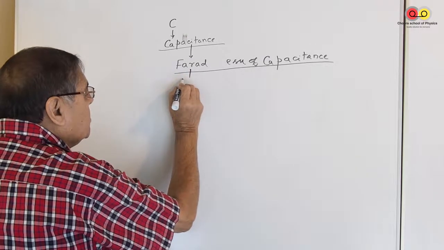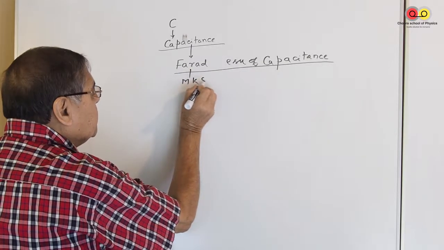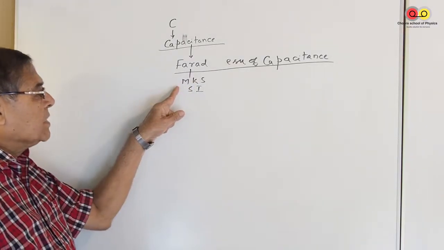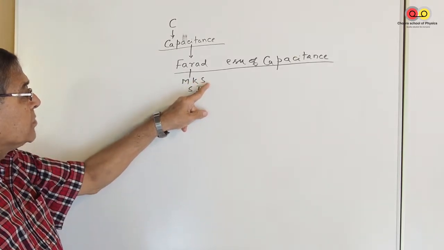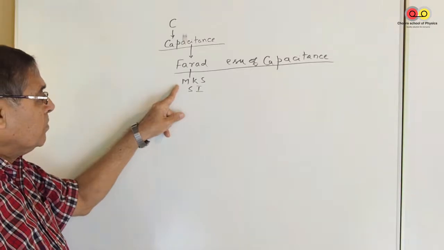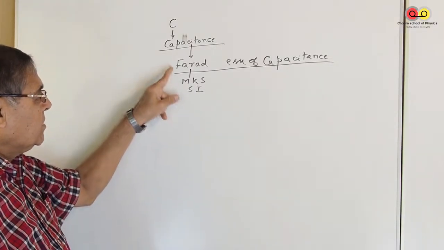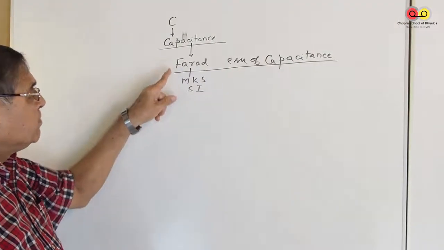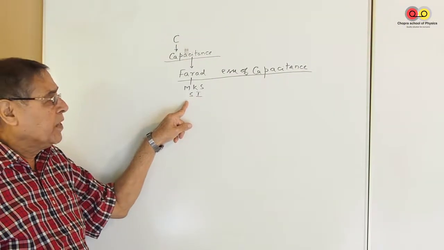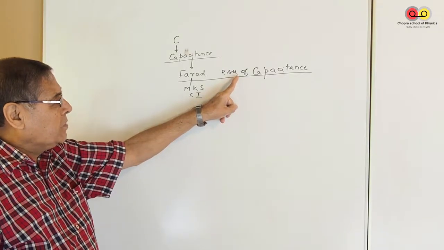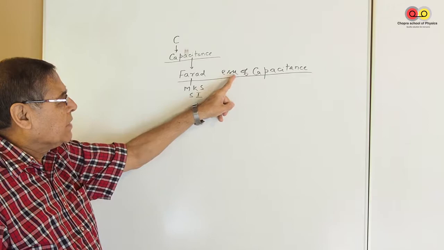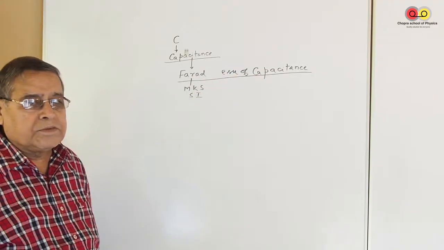This unit is the MKS or SI unit. When we speak of MKS, we are referring to the meter, kilogram, second system. This is basically a French system, the metric system, and otherwise this unit is internationally accepted. This is called the International Standard Unit. The other unit, that is a smaller one, is the electrostatic unit of capacitance.